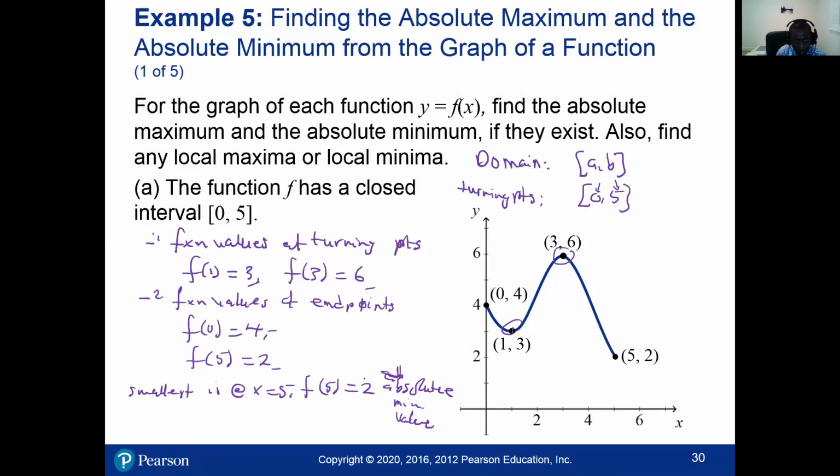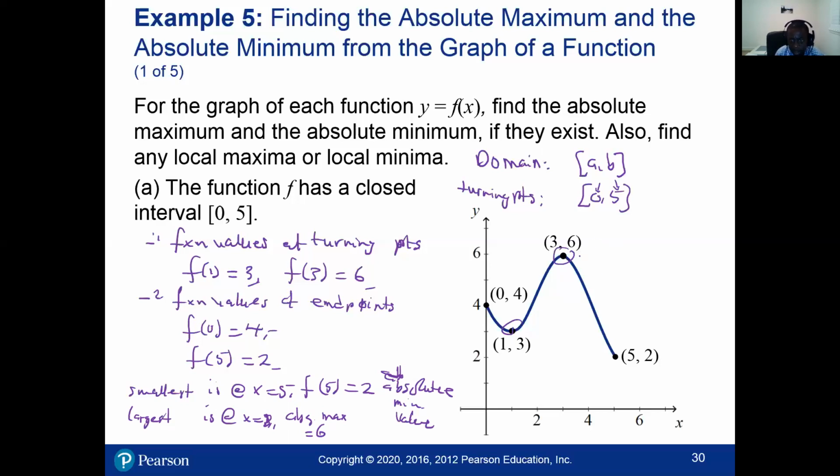Now, what is the largest? It is at x equal to 3. So the absolute maximum value in this case is 6, because f of 3 is 6. We can also have local values.